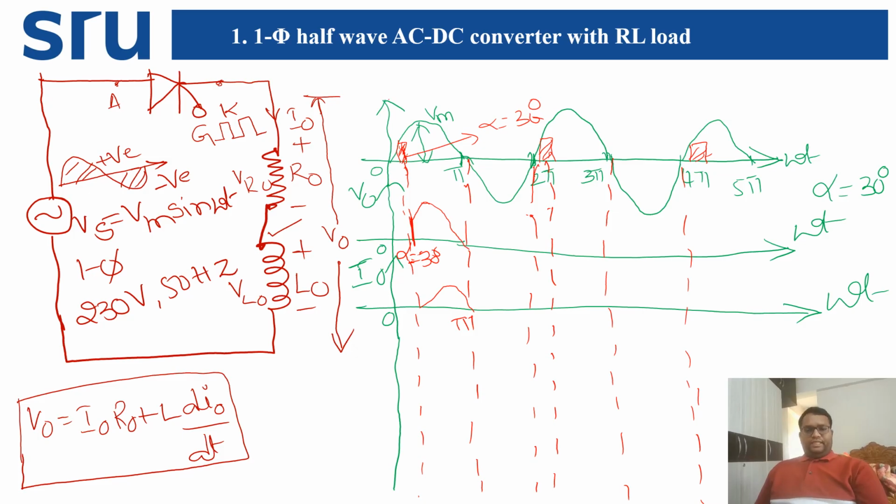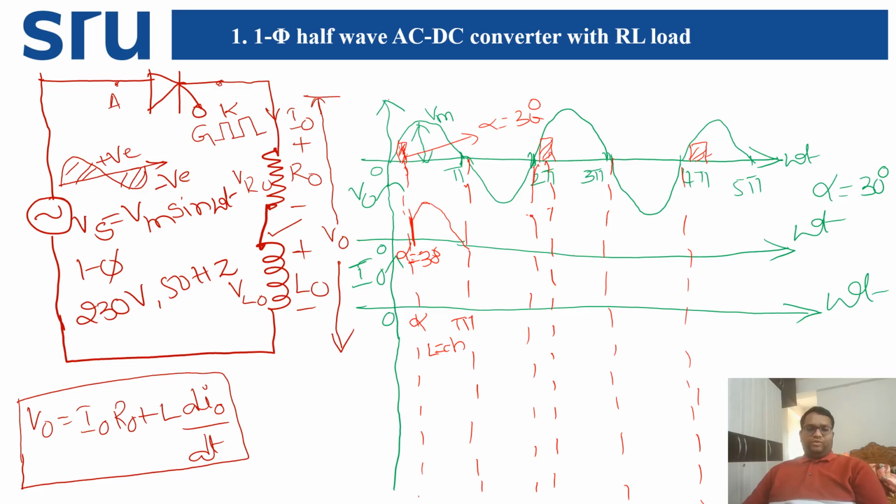And after that, the major concern is that from alpha up to pi, the inductor charges the energy. This charged energy will get discharged over a certain time duration. So we can't say that the inductor energy is exactly 0 at this position.